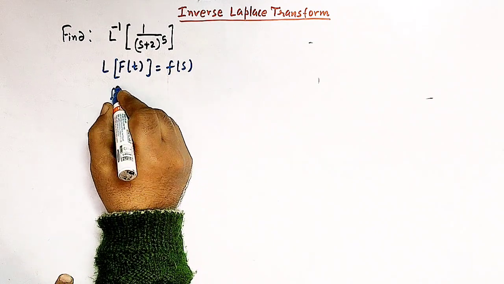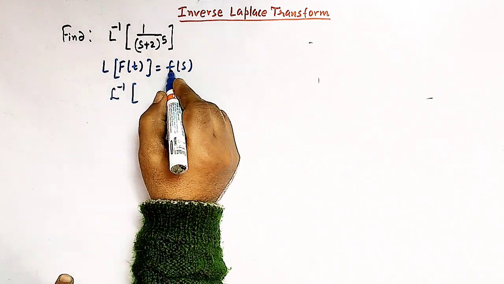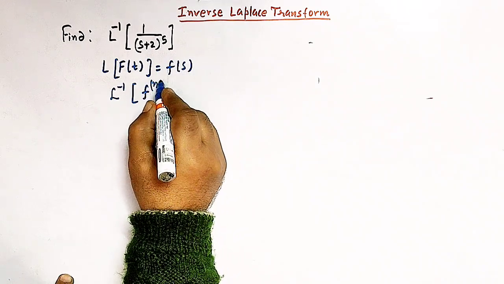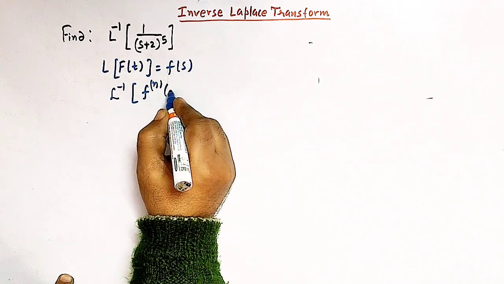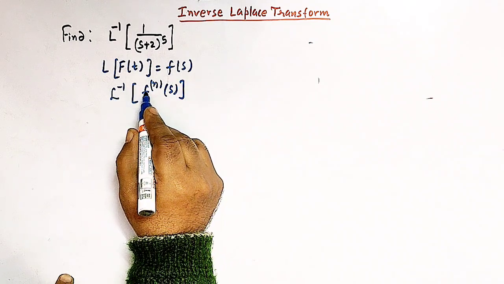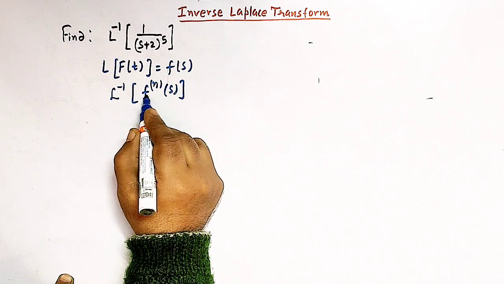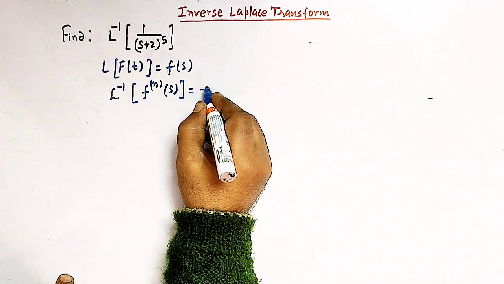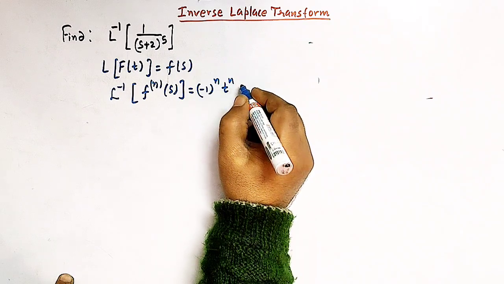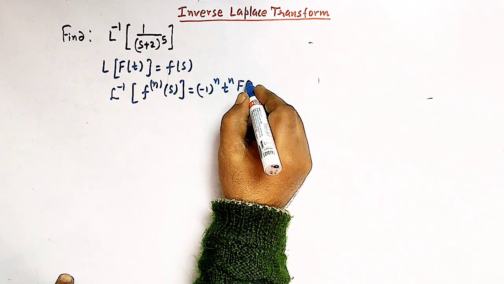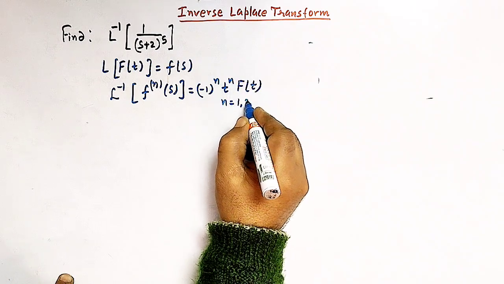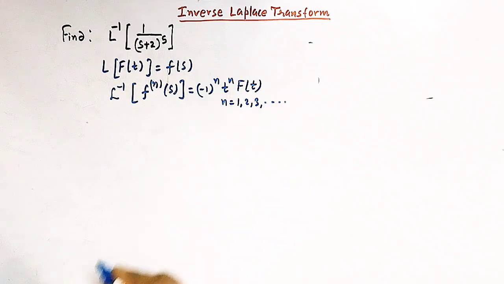Then the inverse Laplace transform of the nth derivative of F(s), that is F^(n)(s), where n denotes the nth derivative, is given by (-1)^n t^n f(t), where n takes the values 1, 2, 3, and so on.